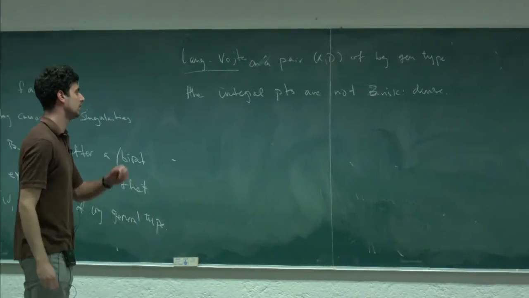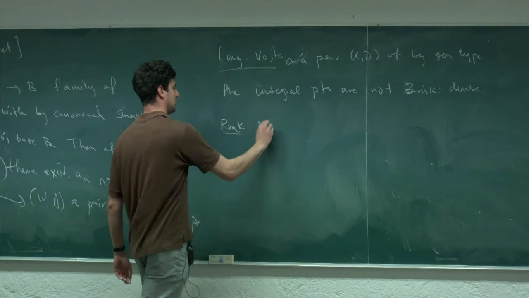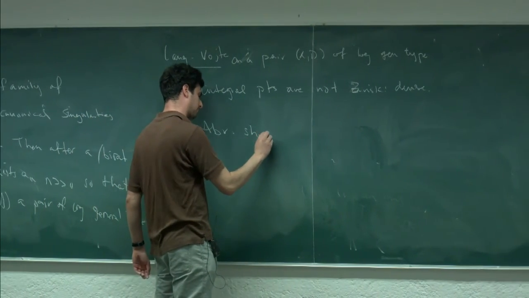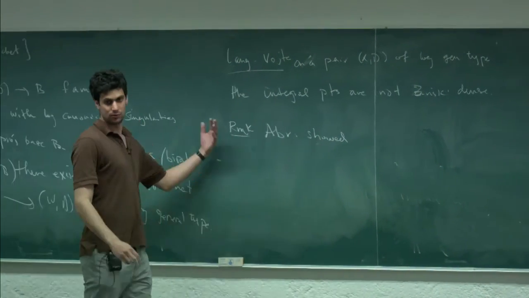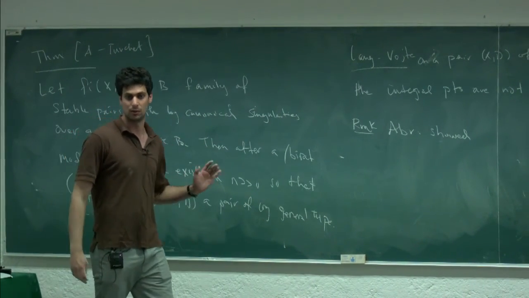Now a remark is that Abramovich showed, so Abramovich did the same thing for the case of genus 1 curves, so elliptic curves minus the origin.